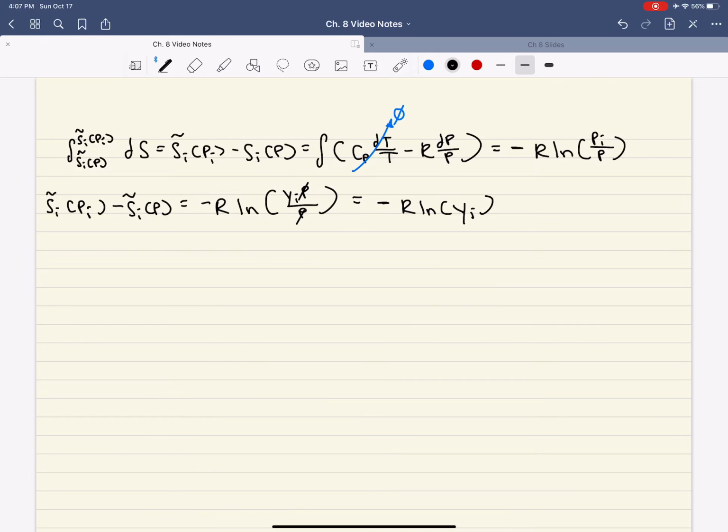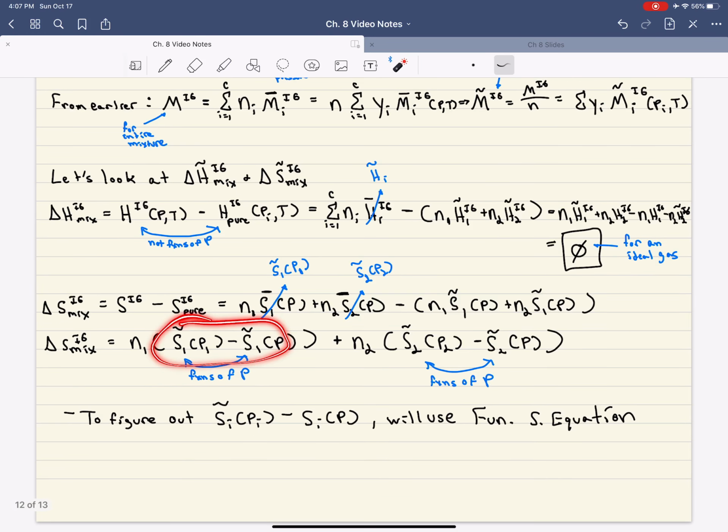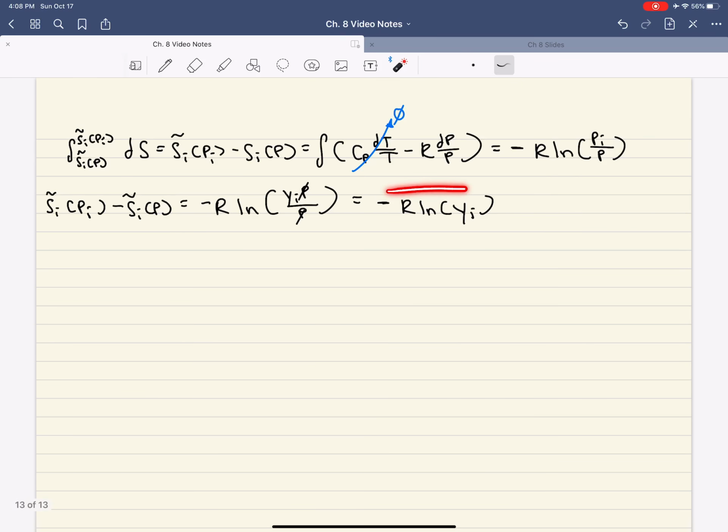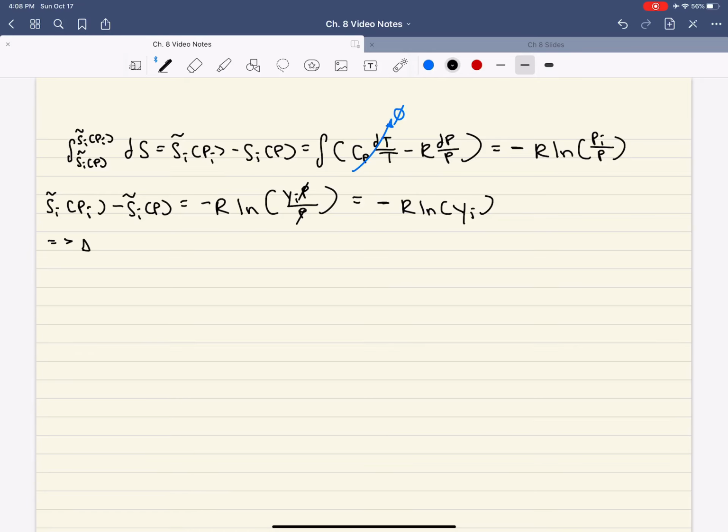So in each of these parentheses here, we could just rewrite it as negative R ln of yi. So we have n1 negative R ln of y1 plus n2 negative R ln of y2.